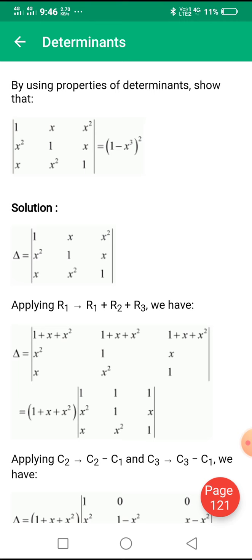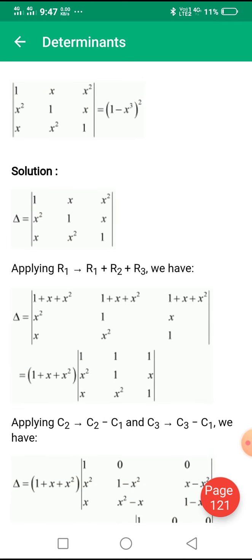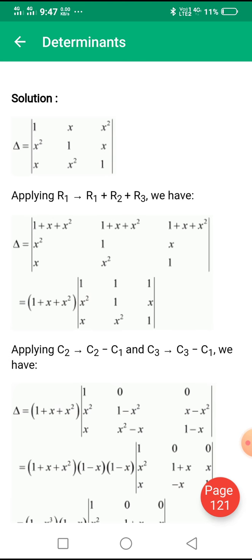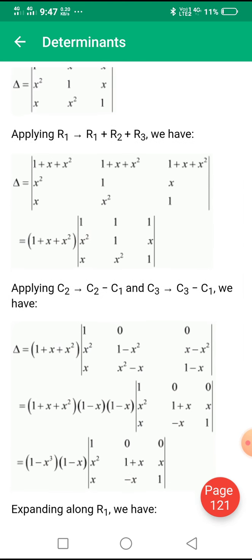We can take this common out using the rule R1 gives R1 divided by (1 plus x plus x square). As I am dividing row 1 by 1 plus x plus x square, I should multiply that outside, right? So here we are left with 1 1 1 as our row 1.